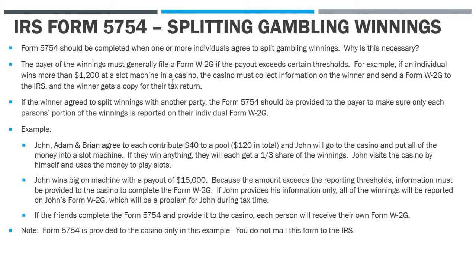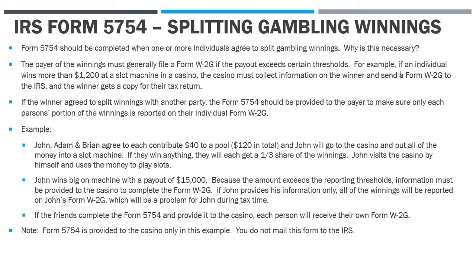So the reason why this 5754 is important is because there are a lot of individuals that pool their funds to participate in prizes, and so in order to make sure everything is accurately split amongst everyone, you might need this 5754.